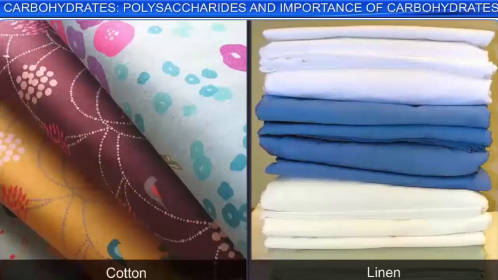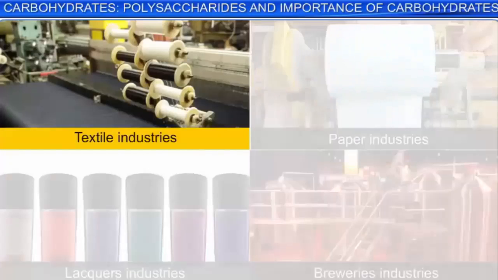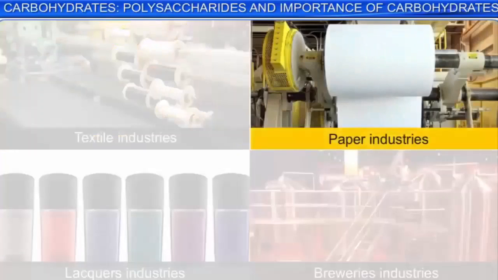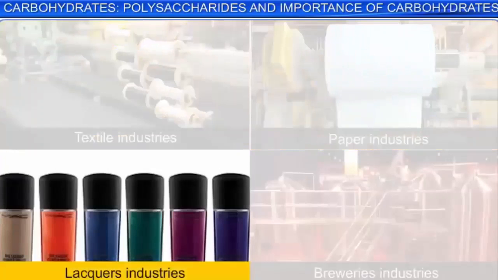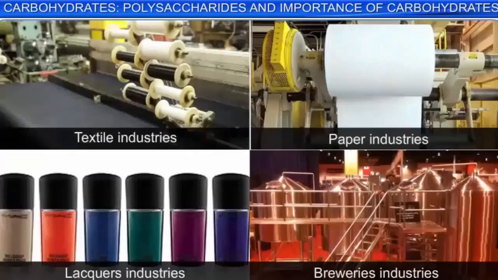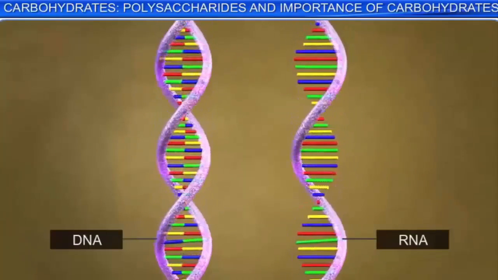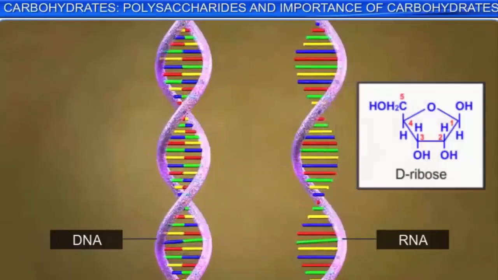Carbohydrates provide the basis for a variety of industries, including textiles, paper, lacquers, and breweries. Carbohydrates have a number of important biological roles. The sugars D-ribose and 2-deoxy-D-ribose are components of nucleic acids.